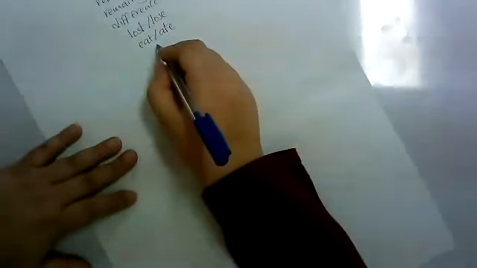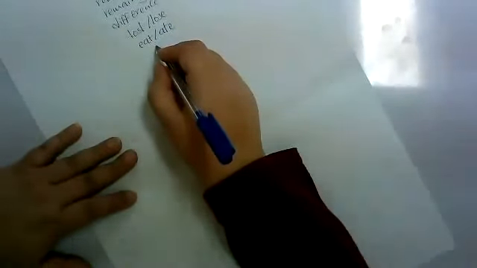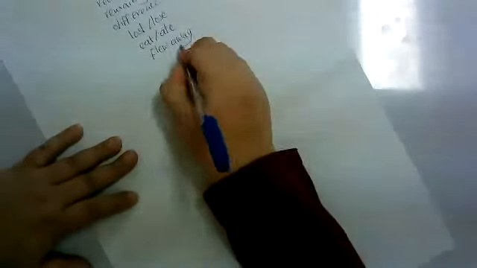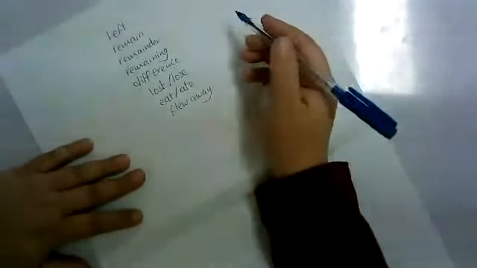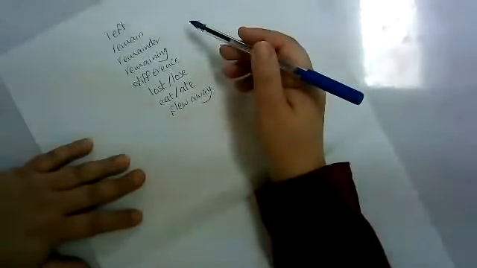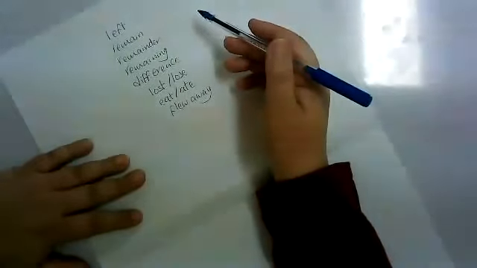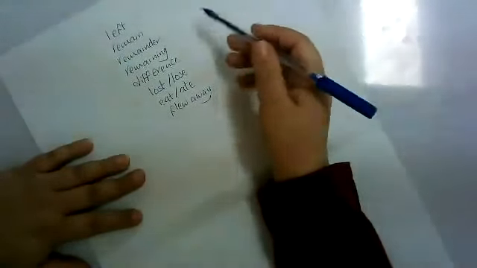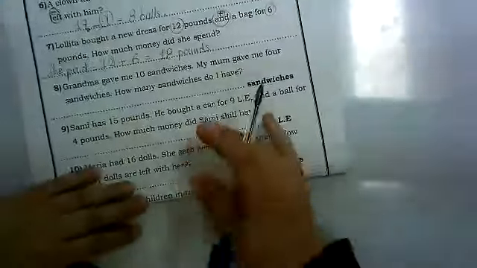All of these words indicate subtraction. What else? Remember with me. Flew away, right? Any word that means loss or shows loss is an indication for subtraction, okay? Let's go back to our sheet.